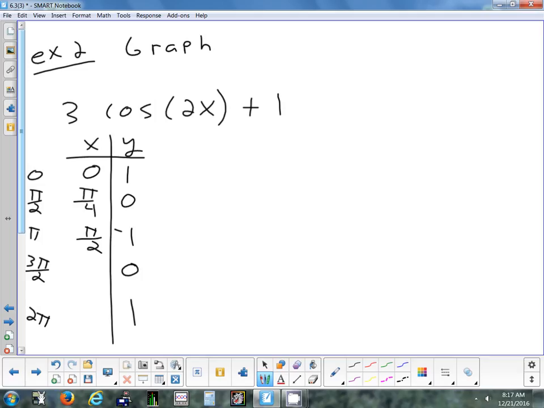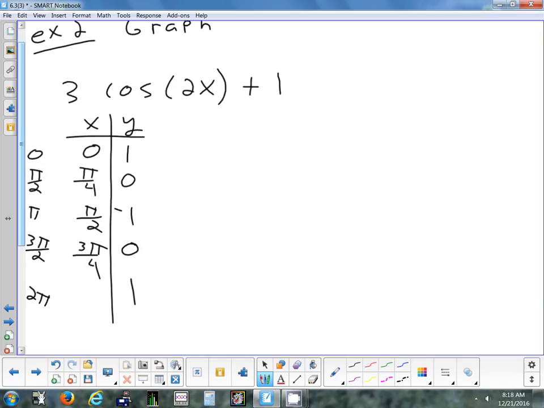Pi over 2? Yep. And pi. Okay, if you write everything with a denominator of 4, you see the nice pattern. Okay, but any questions on those x values? Okay, so that takes care of this.